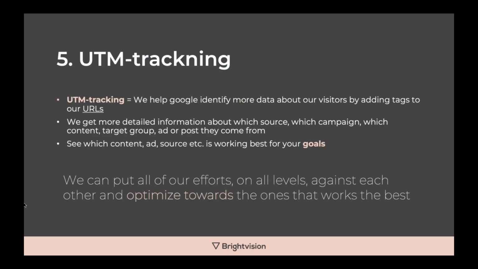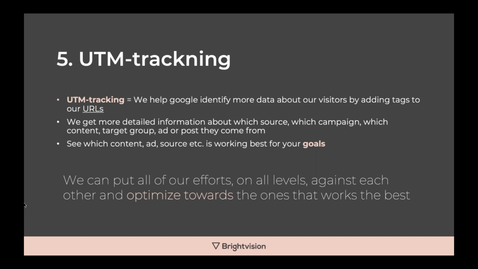As I mentioned before, we like to use UTM tracking to help Google identify more data about our visitors. Google is pretty thorough when they look at our users and take in the data, but they can't do it all. So we need to help them if we want to know it all.